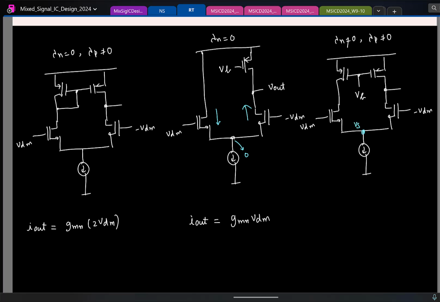Why? This circuit is purely symmetrical. So as long as I have anti-symmetrical excitations, that is a differential mode input like this, plus V minus V, again all the nodes along the line of symmetry will be 0. So in this case, if I find the short circuit current, what will that be?